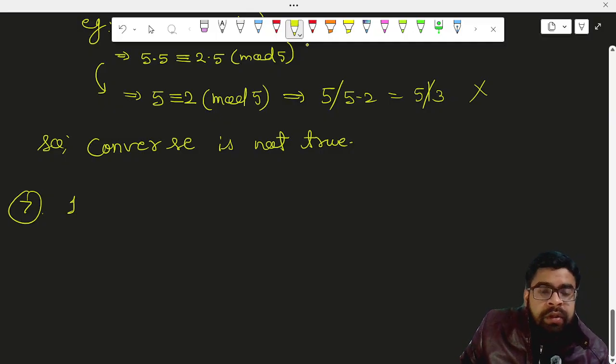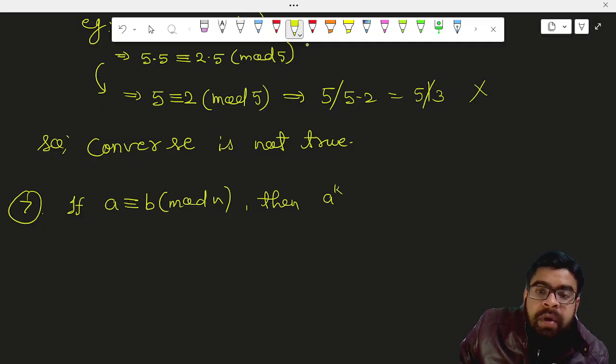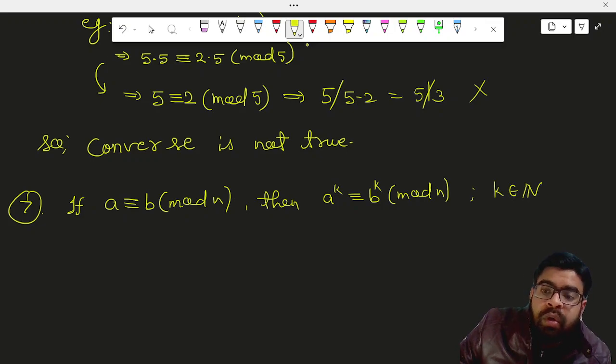Okay. So write down the seventh property of congruence. Write down here, if A is congruent to B with modulo n, then A power k is congruent to B power k modulo n, where k belongs to natural numbers.